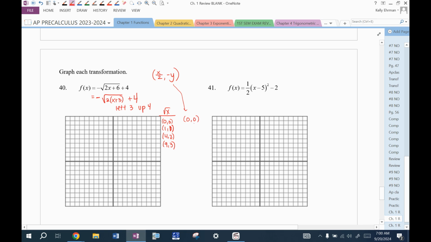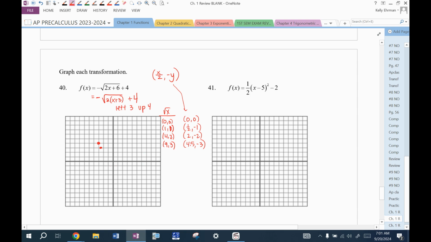So that's still 0, 0, 1/2, -1, 2, -2, 4.5, -3. So I'm starting at 0, 0, and then I'm going to go left 3 and up 4. Start at 1/2, -1 and go left 1, 2, 3 and up 2, and up. I tried to skip too many steps. 1, 2, 3, 4. There we go.